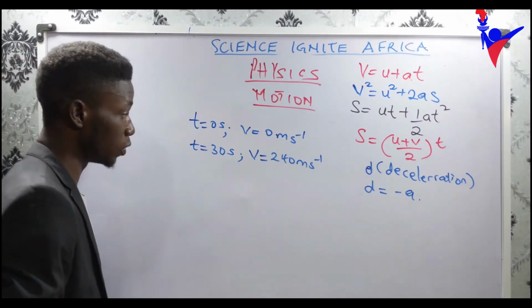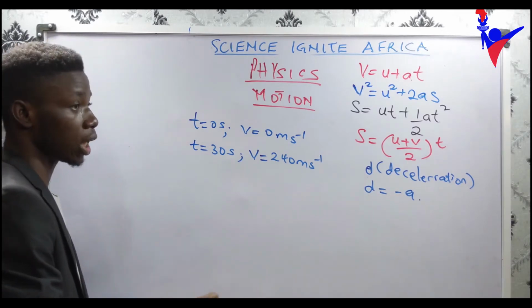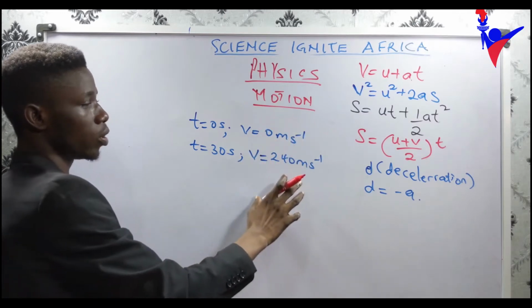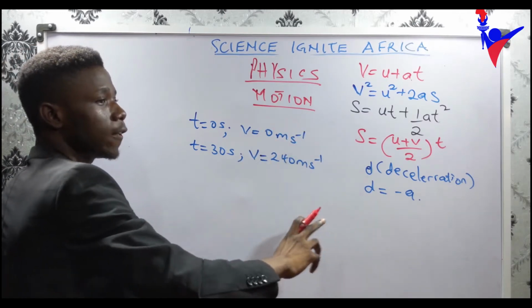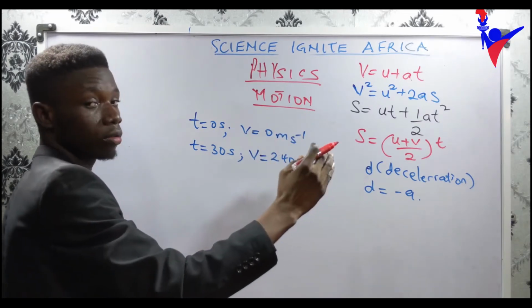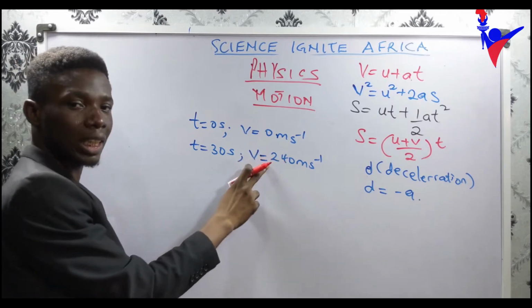So permit me to use this side of the board. I'll be writing whatever I get here. So permit me to use this side of the board for the calculation. So the time was 30 seconds then. Now, the journey is being continued, so the initial velocity here will be the final velocity for the last stage of the journey.